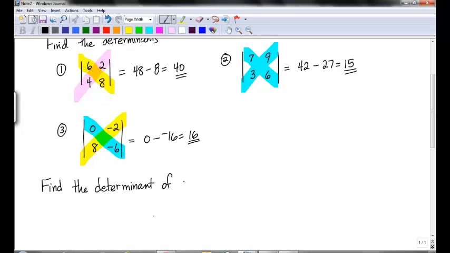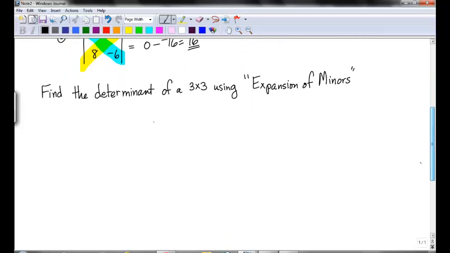Okay? So on this one, find the determinant of a 3 by 3 using, and this method is called expansion of minors. Okay, find the value of this determinant of the 3 by 3 using expansion of minors.